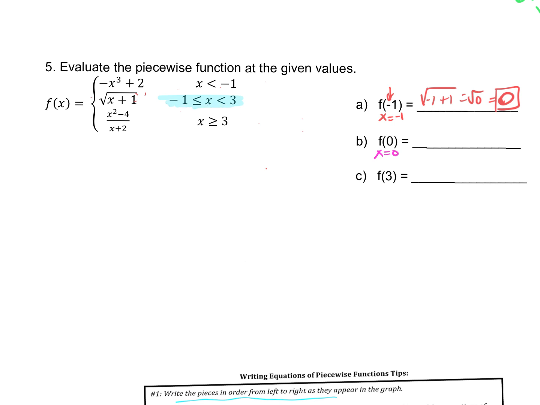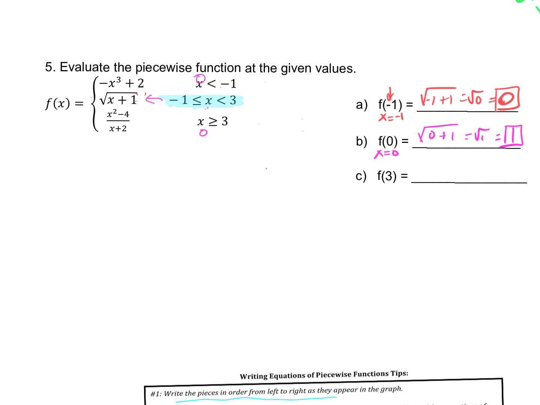If you're not sure, think about it: if I put a 0 in here, is 0 less than -1? No. If I put it down here, is 0 greater than 3? No. So none of those are true, so I know it has to go inside this one right here. So I'm going to use the same equation. When x is 0, put a 1, add that together, you get 1. Take the square root of 1, and it's just 1.